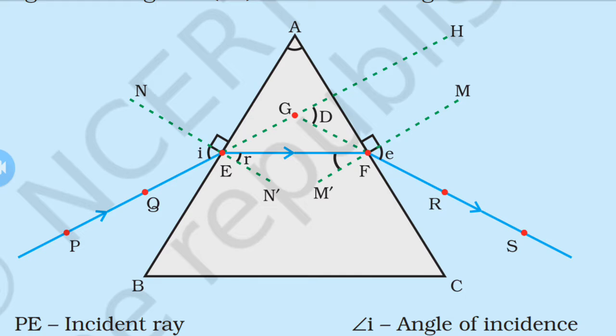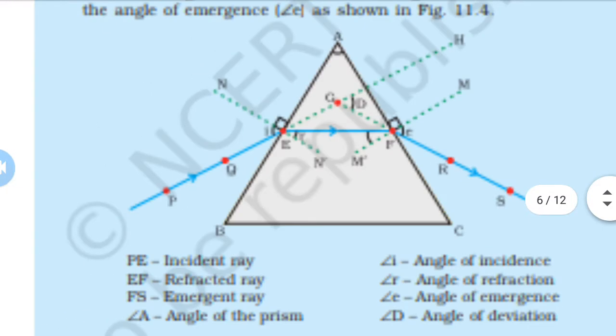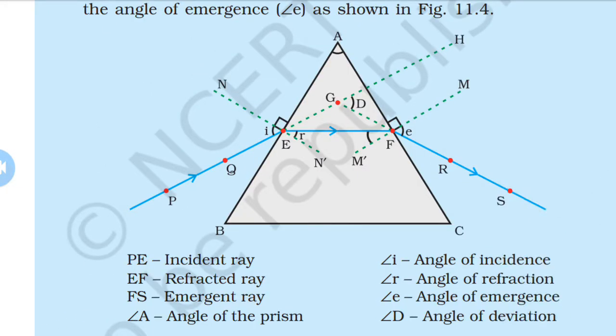So here PE is the incident ray, EF is the refracted ray, FS is the emergent ray, angle A is the angle of prism, angle I is the angle of incidence, angle R is the angle of refraction, angle E is the angle of emergence, and angle D is the angle of deviation.